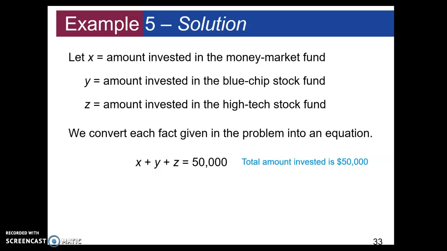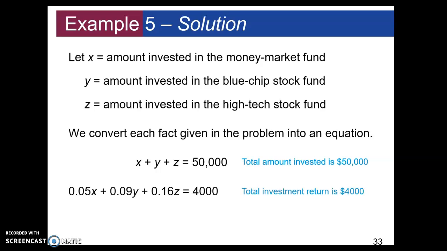So we're going to take the rate of return of the money market account and multiply it by X. We're going to take the rate of return of the blue chip stock fund and multiply it by Y. And we're going to take the rate of return of the high-tech stock fund and multiply it by Z. And then we'll add those together and set it equal to the $4,000 that we want. Okay, so there's our second equation in our system.